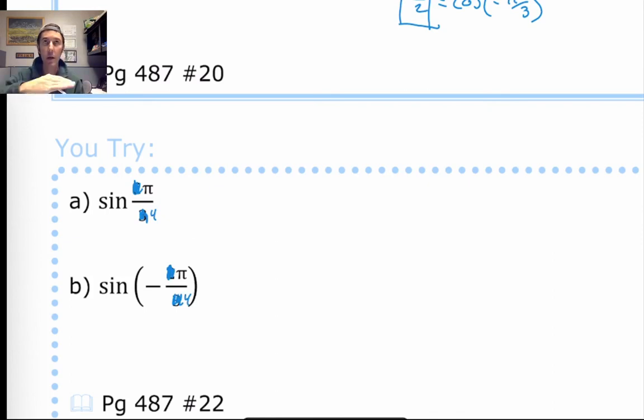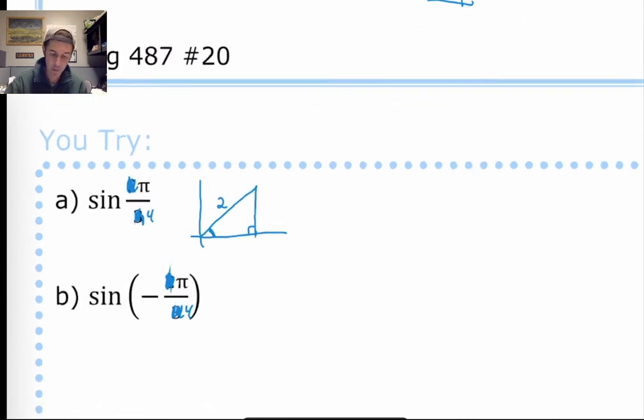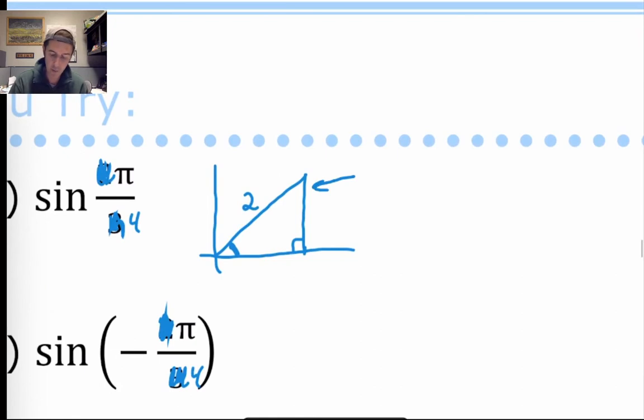Where's pi over 4? It's halfway up the first quadrant. So I'm drawing the first quadrant, going halfway up, and dropping my altitude so that it's perpendicular to the x-axis. I'm still using a hypotenuse of 2 because I get to choose that. In a 45, 45, 90 triangle, which this is, because my reference angle is pi over 4, and pi over 4 is equivalent to 45 degrees, so this is a 45 too.